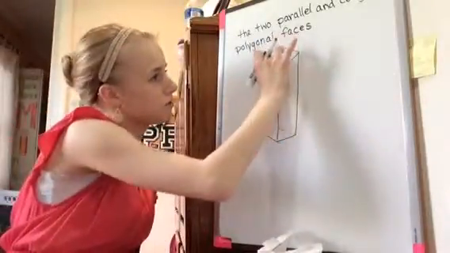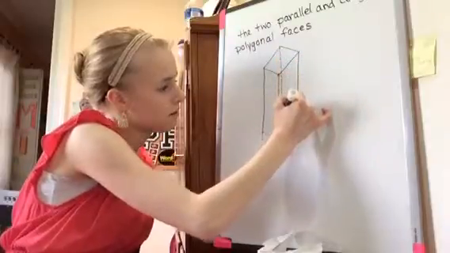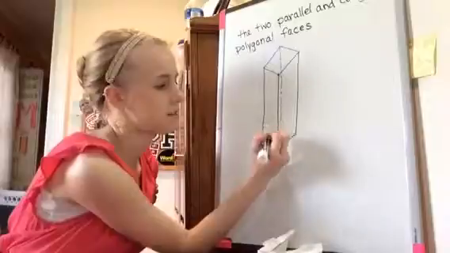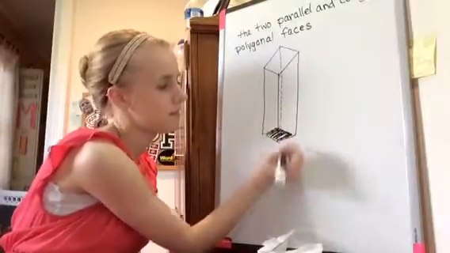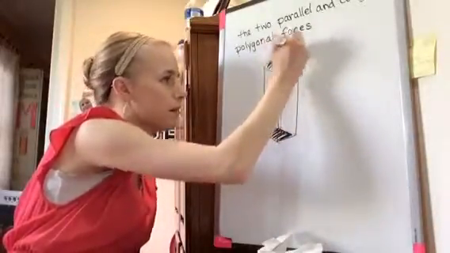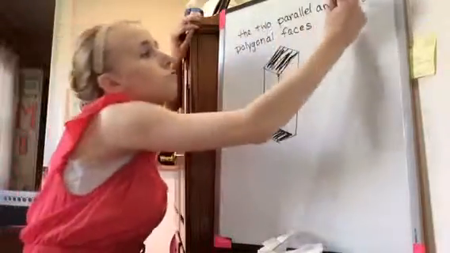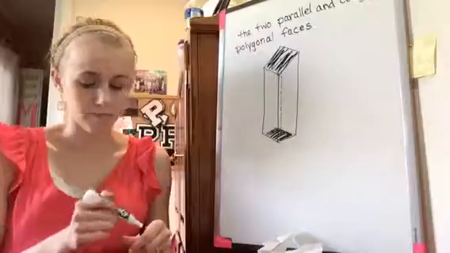Okay, this was my rectangular prism. The bases are going to be the bottom one right here, and then my top up here. They're parallel to each other. They're never going to touch. And they're congruent polygonal faces. It won't work if they are not congruent.